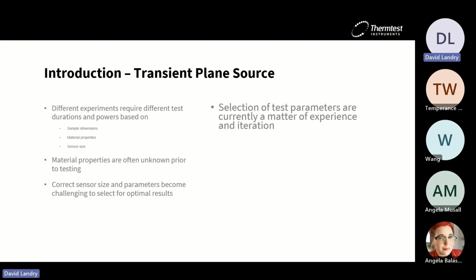That's very inefficient in terms of time. And so the iTransient algorithm is designed to resolve that, such that it intelligently chooses test parameters with minimal user input.